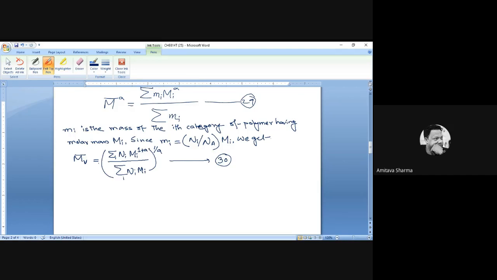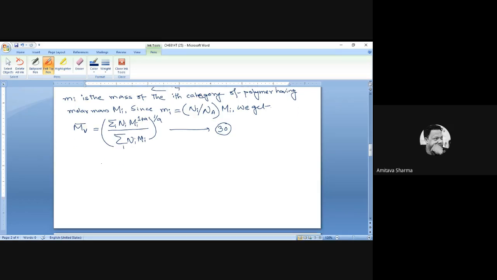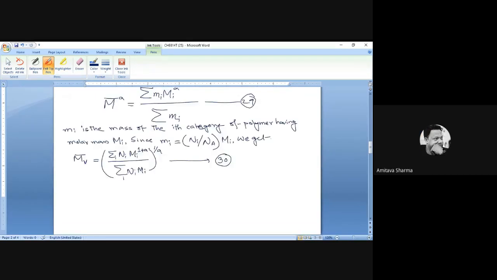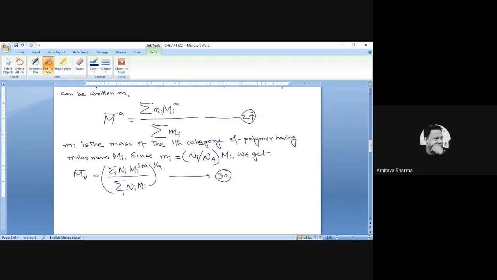A student asks: Sir, how is this 1 plus a? Put the value in place of mi, that is ni by Na into Mi.